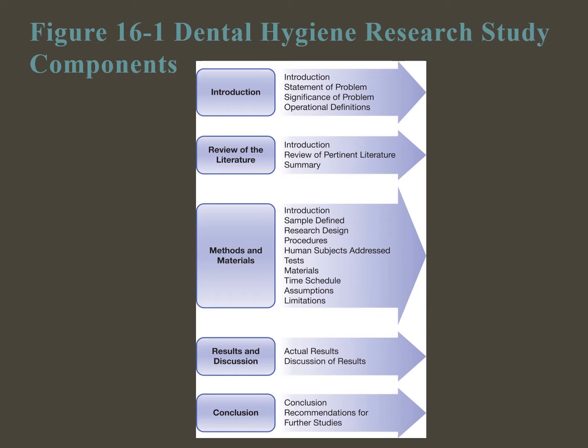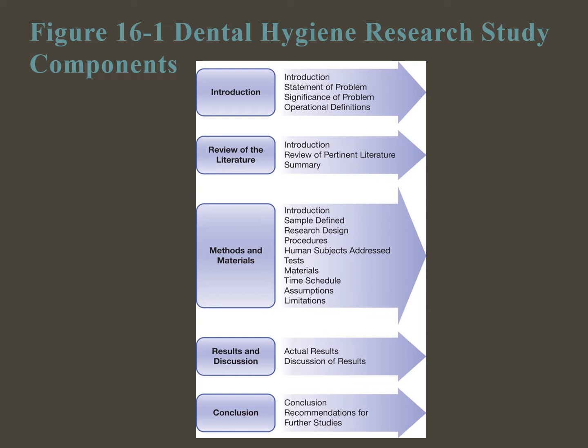And then the research design, so it'll talk about whether it was experimental or a case control, anything like that. And then it will talk about the procedures that were used in the study, whether human subjects were addressed. If human subjects were used, they'll talk about whether they have the informed consent and how they went about explaining and recruiting subjects.